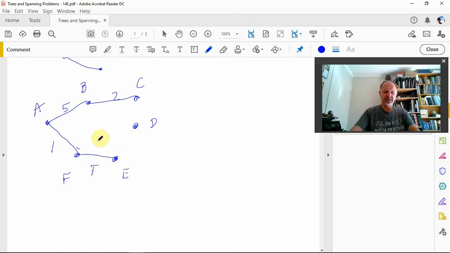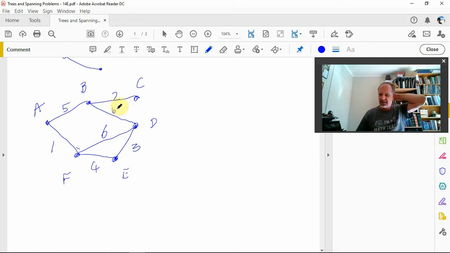That's 4 there. There's a direct connection between those, which is 6. There's one here that's 3, and then there's one from there to there, which is 6. All right, so as you can see, we've got 1, 2, 3, 4, 5, 6 vertices. So vertices is 6. Edges: 1, 2, 3, 4, 5, 6, 7 edges.